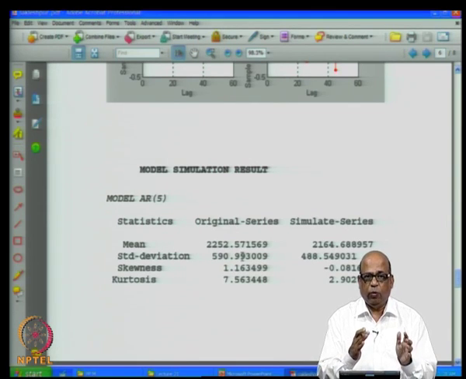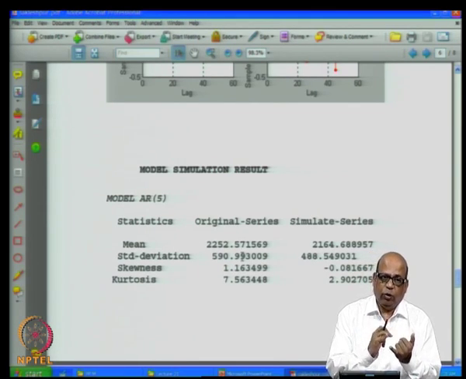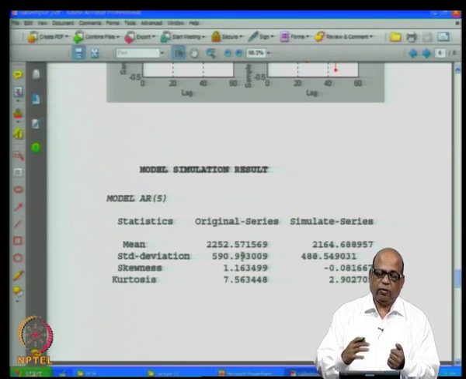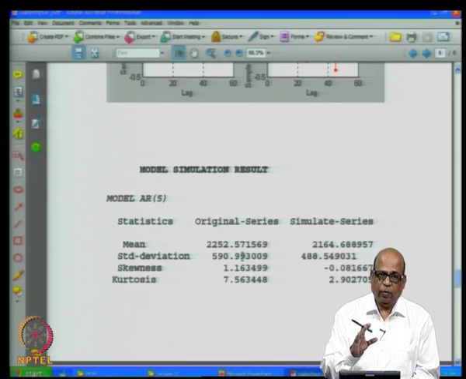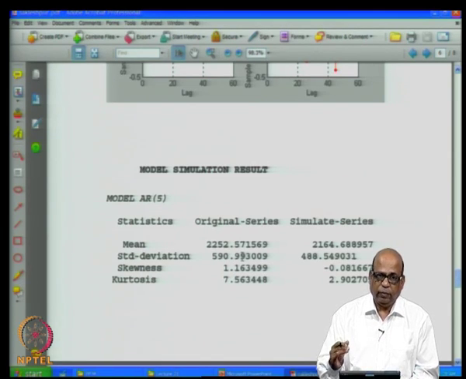So, essentially, we have chosen the AR5 model for synthetic generation of the data. We have estimated all the parameters. We have convinced ourselves that this model passes all the tests, and therefore, this model is now ready for application. Let us apply this model now.